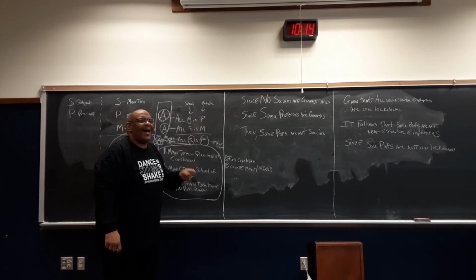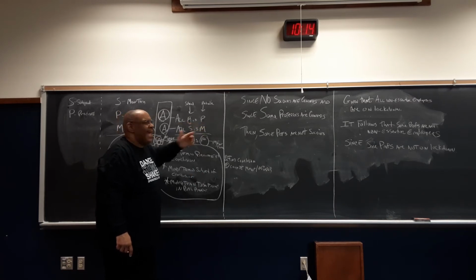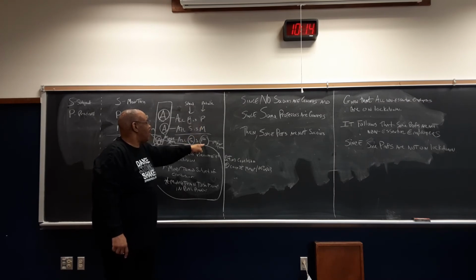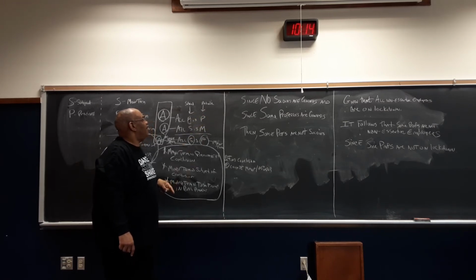Why is it my major premise? Because it is the premise that has the major term. How do I know it has the major term? Because P is the major term, and the major term is the predicate of the conclusion. So if P is here, then P is the major term. But the major term, watch this, is in the predicate of the major premise. I know.